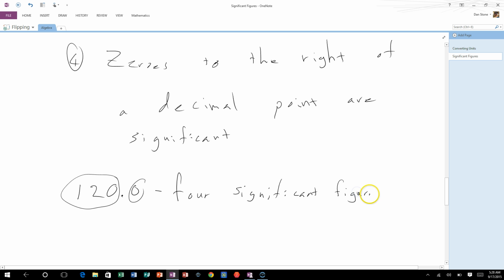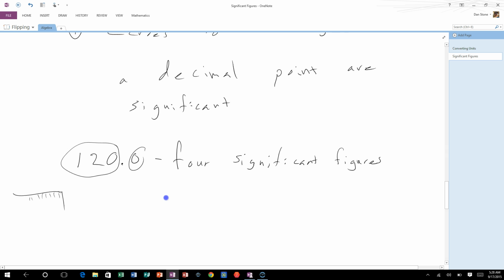When you're using these in science, and in math too, basically it's a way of saying this is how far I can measure accurately. This is how much I know for certain. Because even if you are using a ruler which has millimeters, if you look at a ruler, here are the little millimeter marks, and they are quite tiny. You can't measure any smaller than that. So if you're measuring in millimeters, you can say something like 7 millimeters.